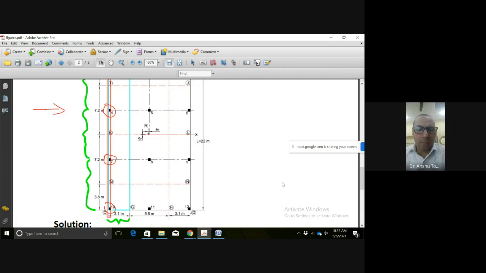Students, is it clear? Yes or no? So whatever pressure we are having, we are converting it into a UDL by multiplying it with the strip width.